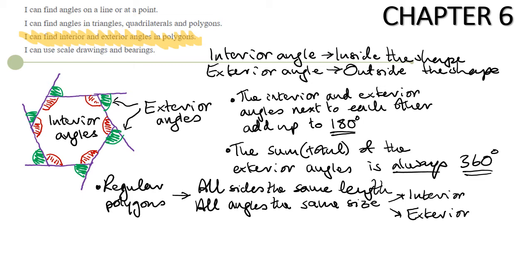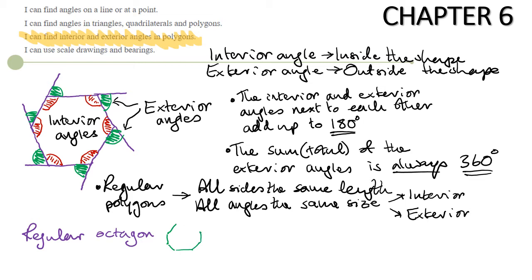So for example, if I had a regular octagon. Okay, an octagon is an 8-sided shape. I'm going to attempt to draw one. 1, 2, 3, 4, 5. No, it's not regular at all, is it? 5, 6, 7.